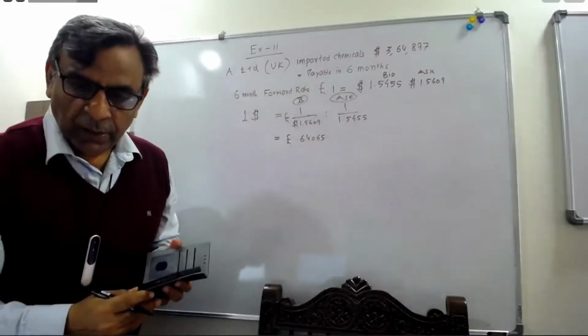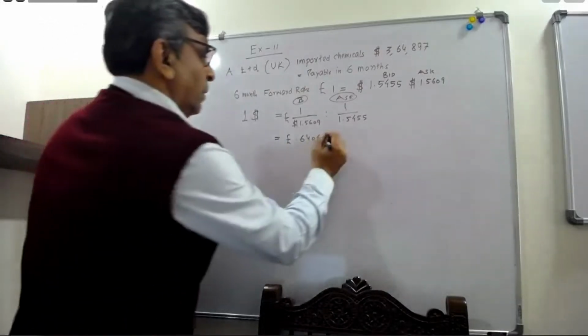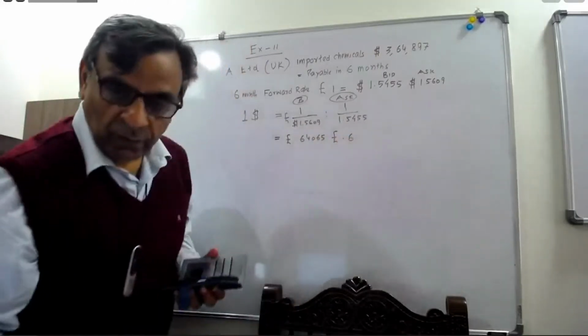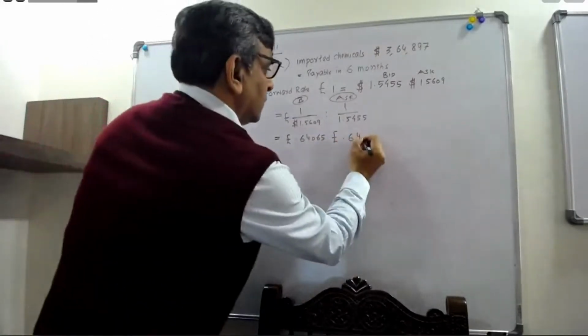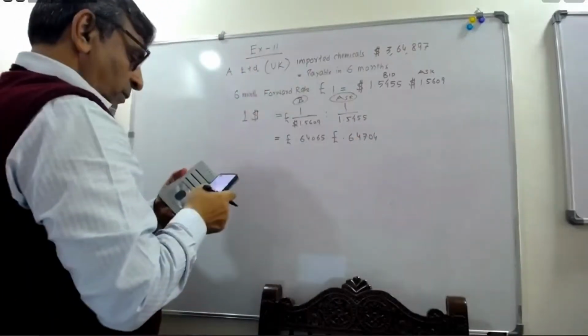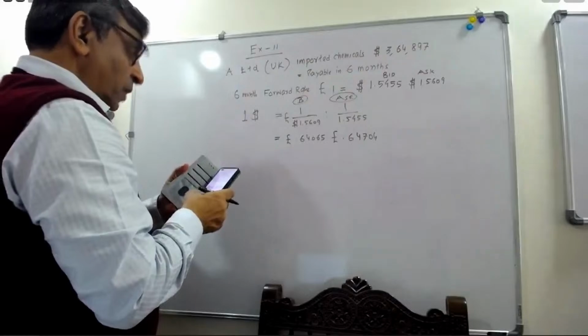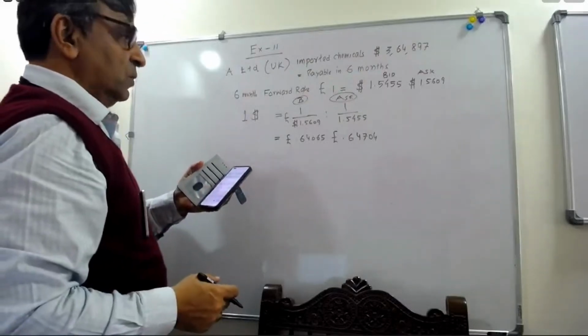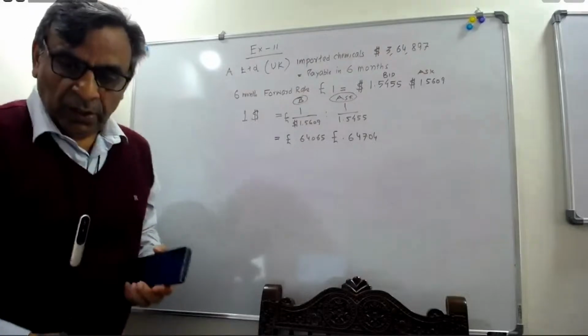And the other one will become £0.64704, which is 1 divided by 1.5455, about 0.647.